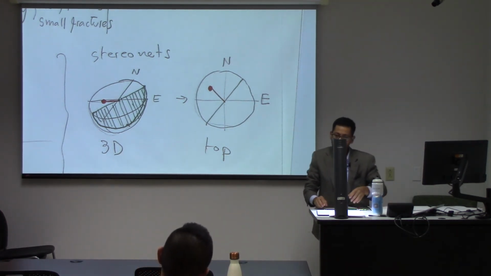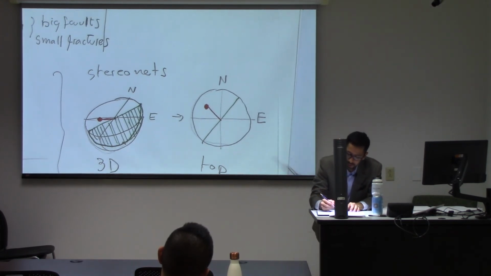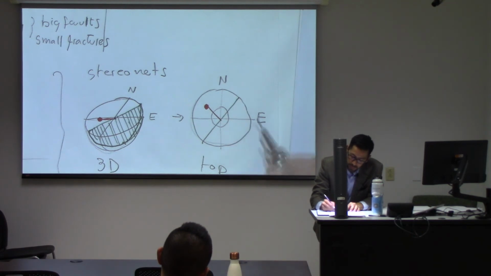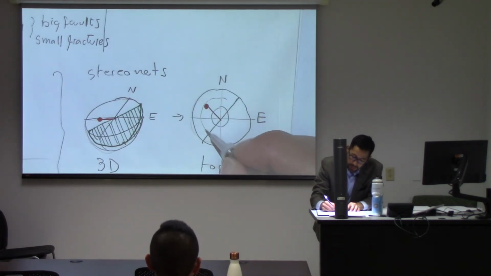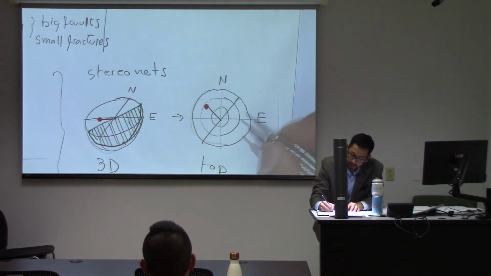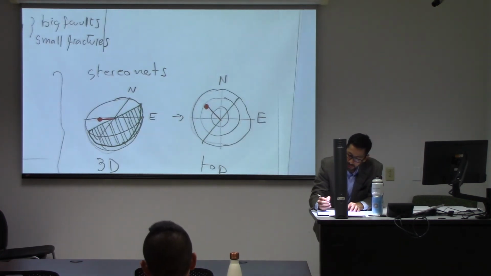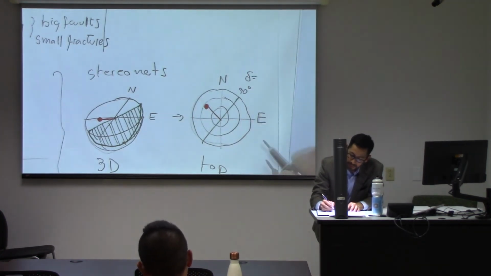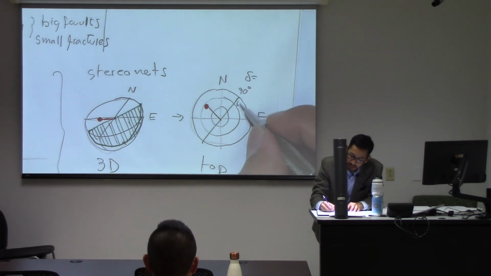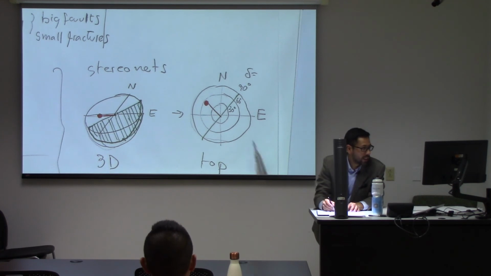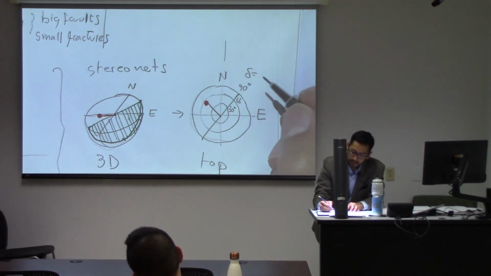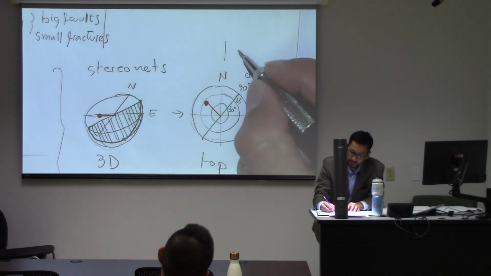And if you want to add a little bit more detail here, we can break this circle into 3 circles, right? So we said that here we have a dip of 90 degrees, and let's say this one is 60 degrees, this one is 30 degrees, and here you already have the strike.